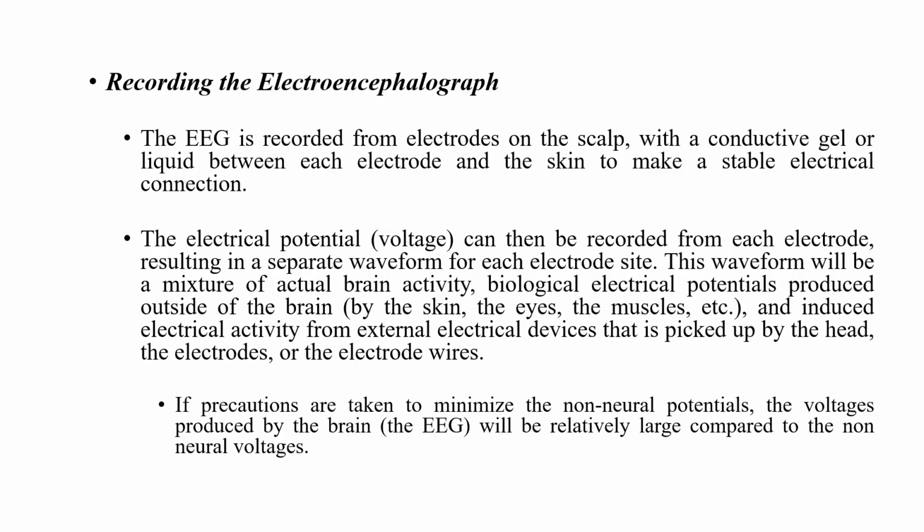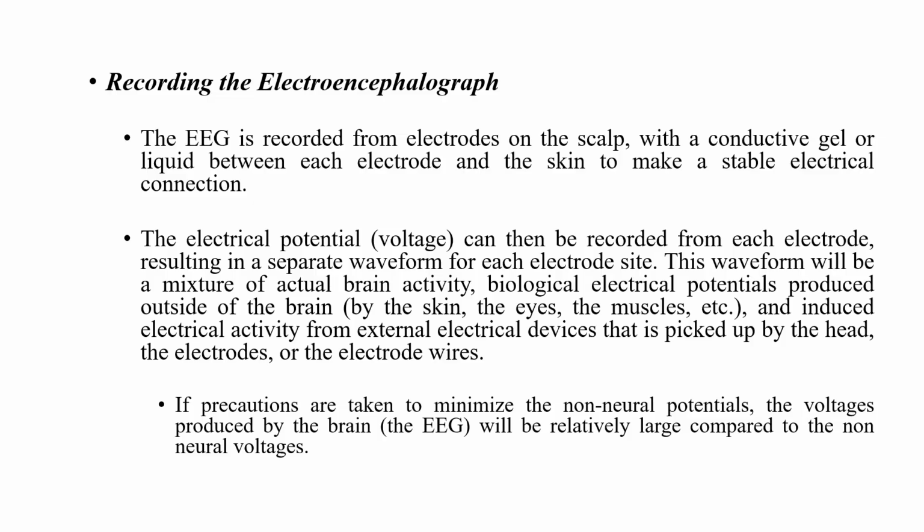This waveform will be a mixture of actual brain activity, biological electrical potentials produced from outside of the brain by the skin, eyes, muscles, etc., and induced electrical activity from external electrical devices that are also picked up by the head, the electrodes and the electrode wire. So, this is actually a lot of noise that you capture from each electrode site.